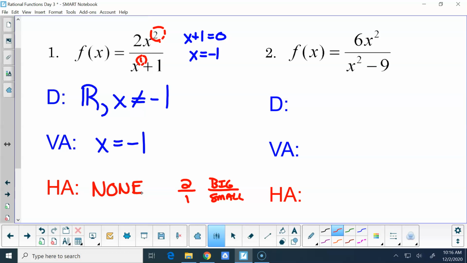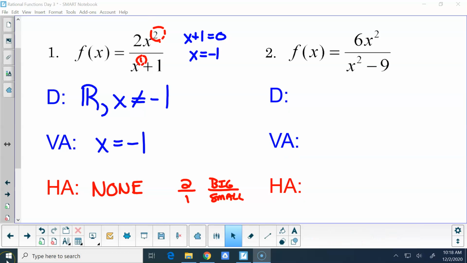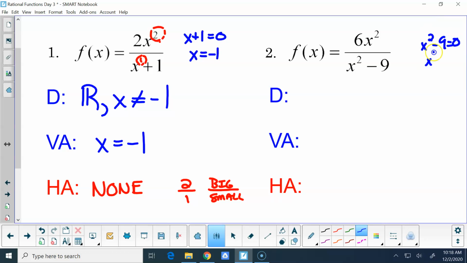What I want you guys to do now is try example number 2. Same thing. Find me the domain, find me the vertical asymptote, find me the horizontal asymptote. So, x squared minus 9 equals 0. X squared equals 9.